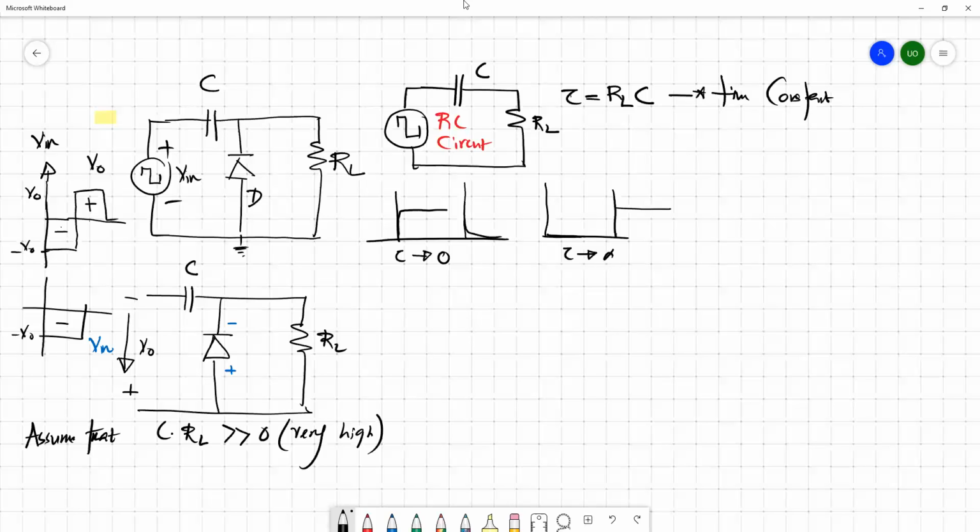Now, during this negative cycle, we have applied voltage like this, the polarities are like this, and this is the diode orientation.